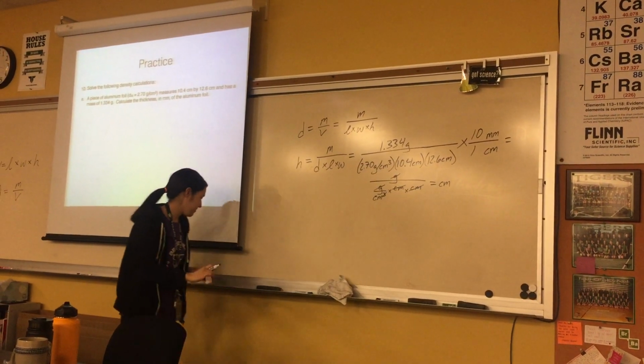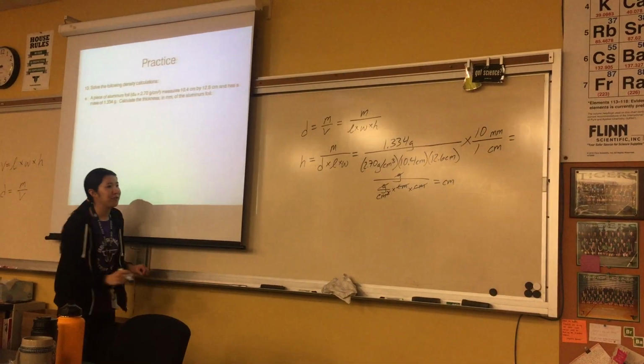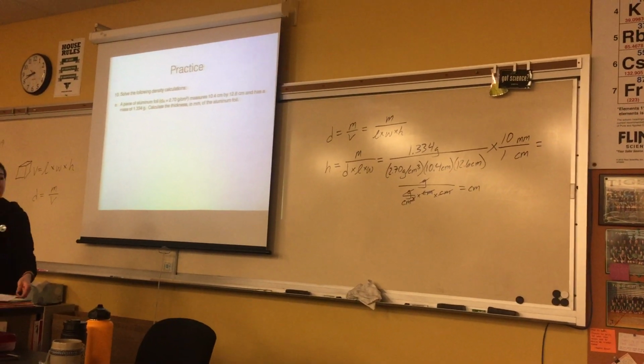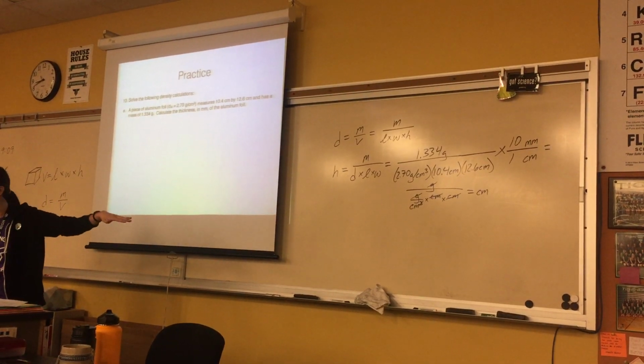So that's your setup. So now see if we can type this one into the calculator. Very similar to the last one. Everything in the top you multiply, everything in the bottom you divide.